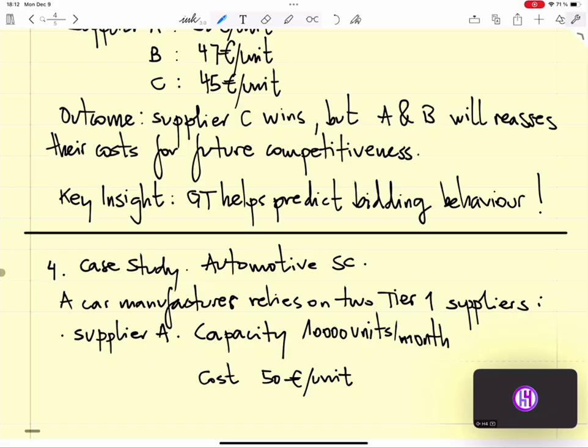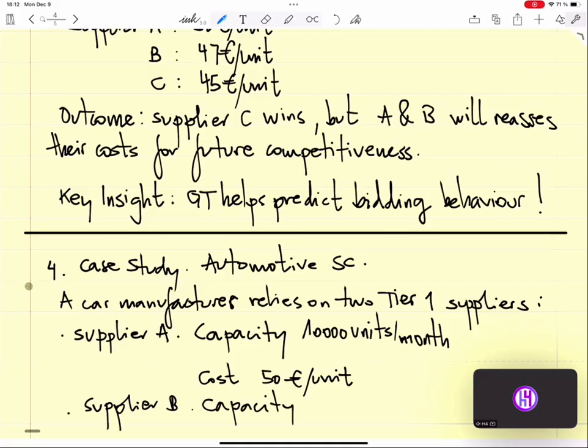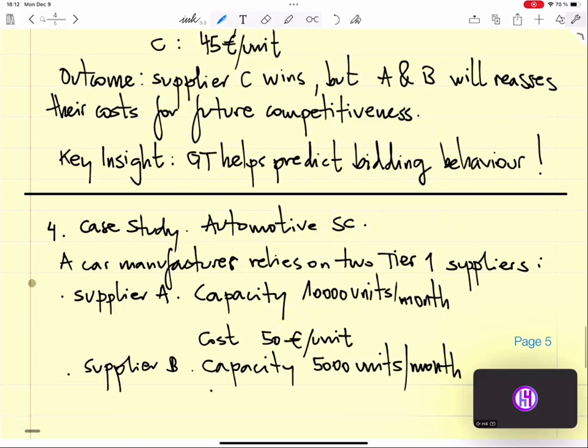And supplier B has a capacity of 5,000 units per month, and a cost of 55 euros per unit.